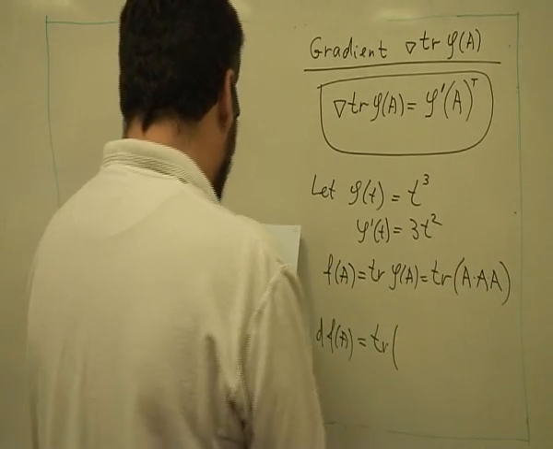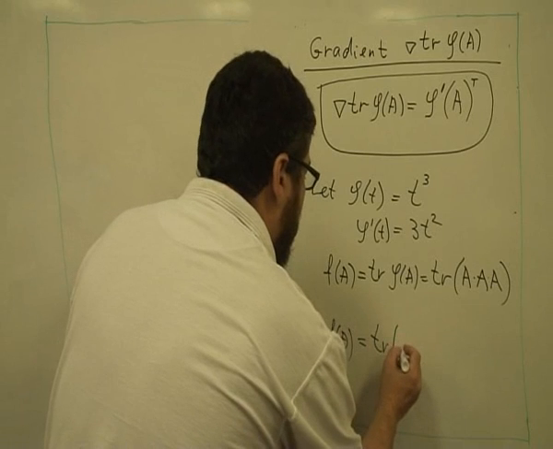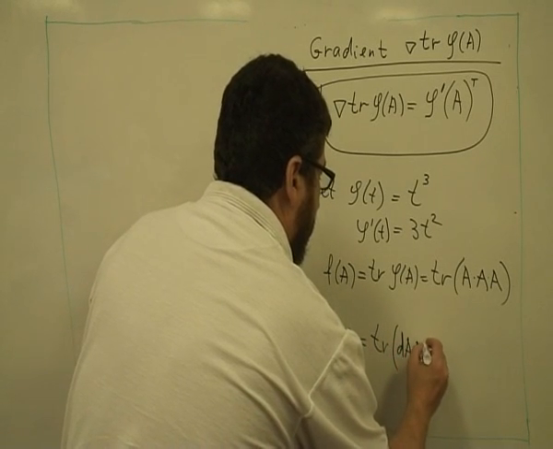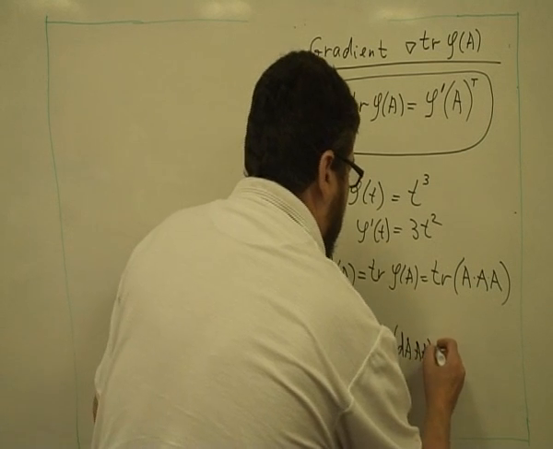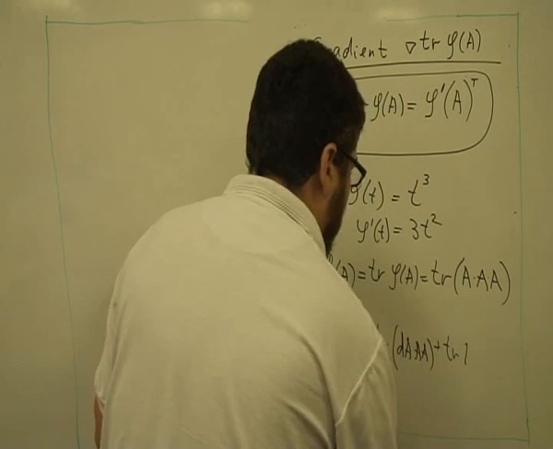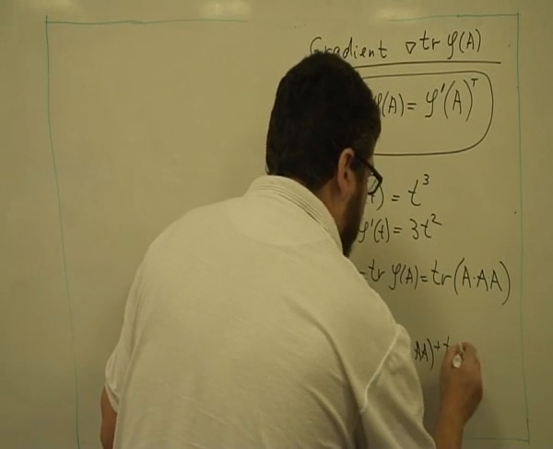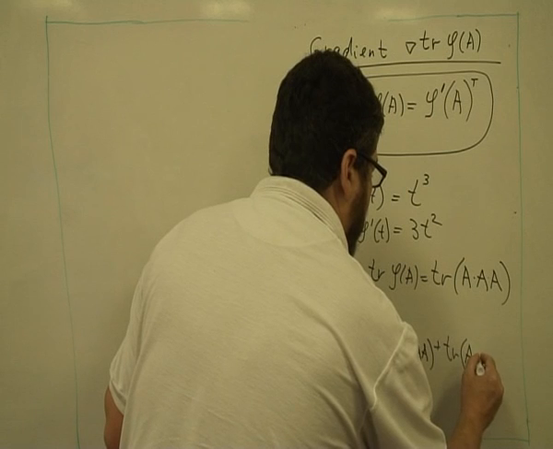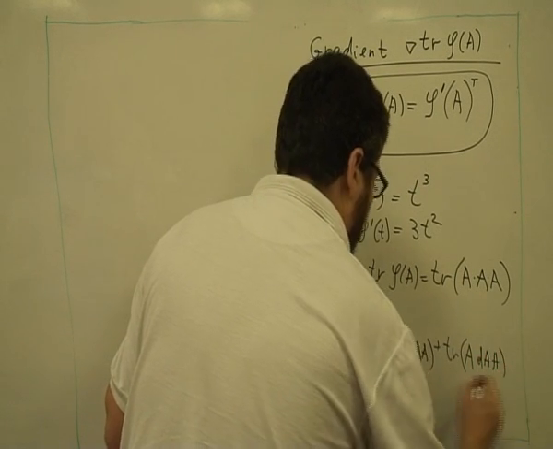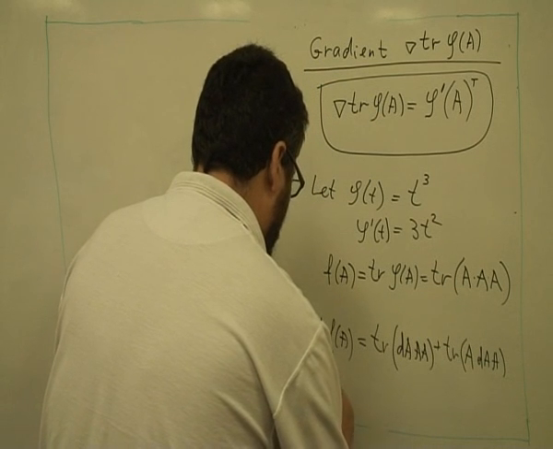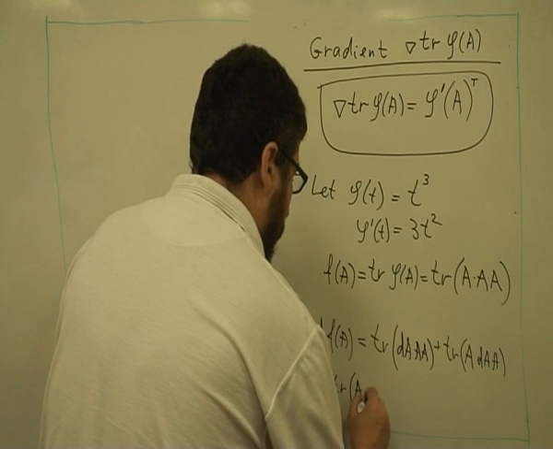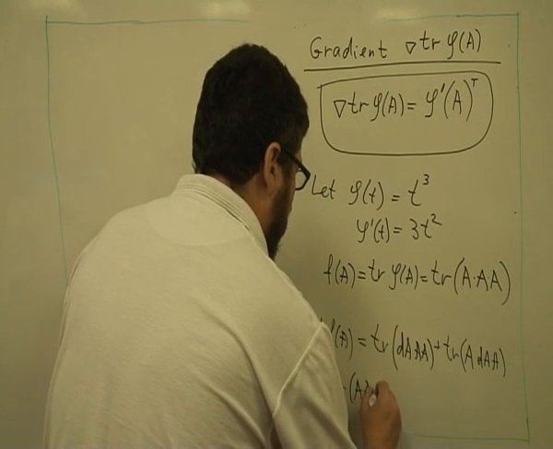So it will be trace dA multiplied by A by A, plus trace A multiplied by dA by A, and plus trace A A dA.